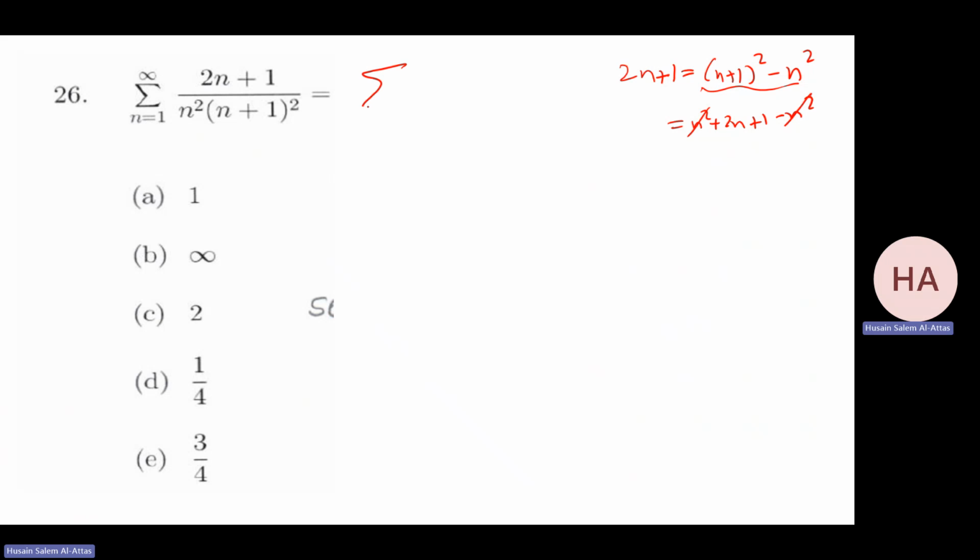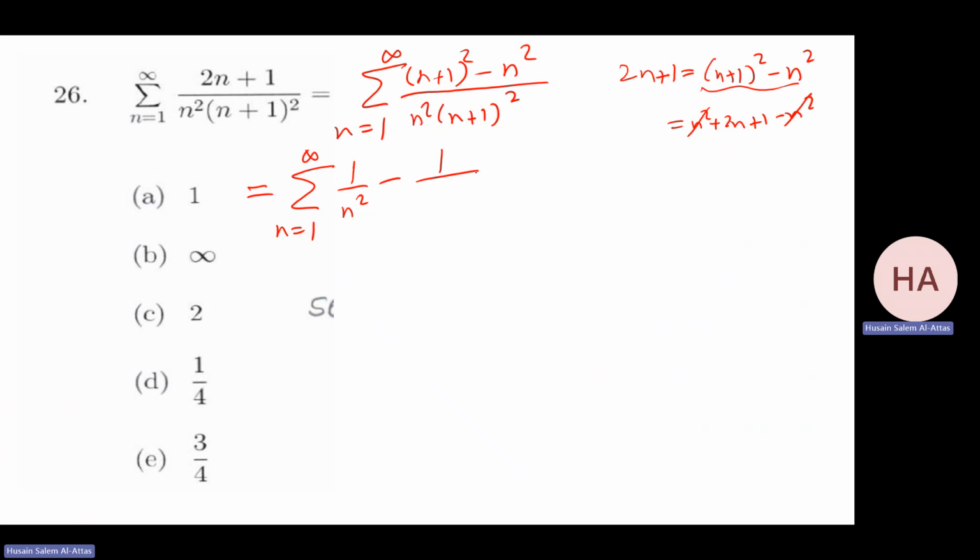So I will write the nth term as n plus 1 squared minus n squared over n squared times n plus 1 squared. That will give me the summation from n equal 1 to infinity of 1 over n squared minus 1 over n plus 1 squared.